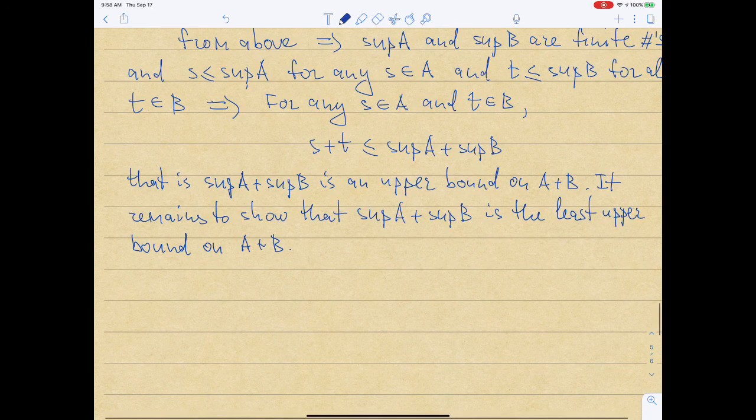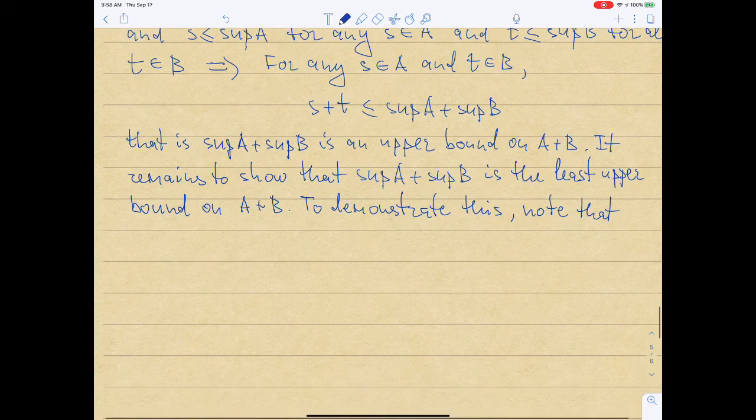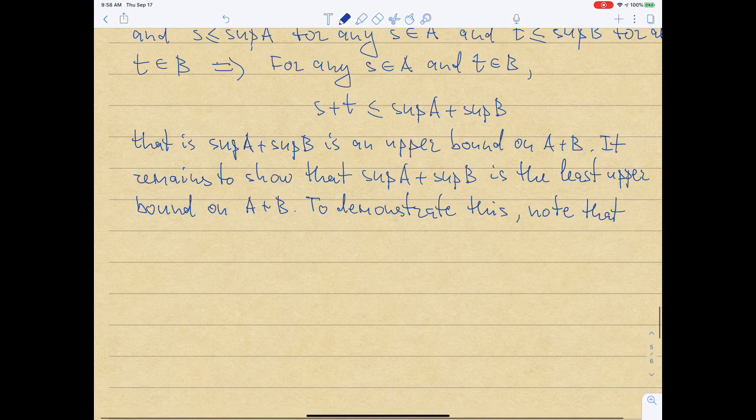So to demonstrate this, I'm going to note the following. If I have some number epsilon, which is greater than 0, then what do we have?